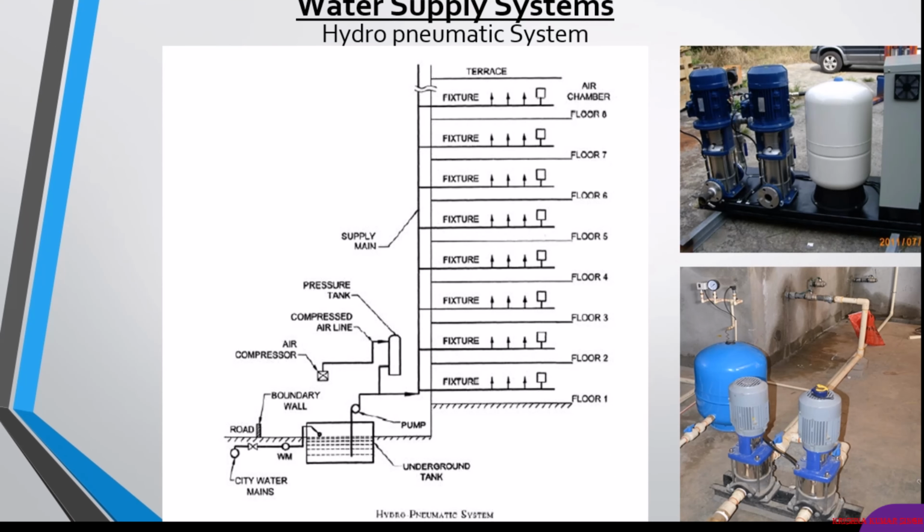Now we have the hydro-pneumatic system. In this system, we have a main water line from the government. We collect the water from that main line in our underground tank with the help of a pump. After that we have another pump which supplies the water to each floor of the building.